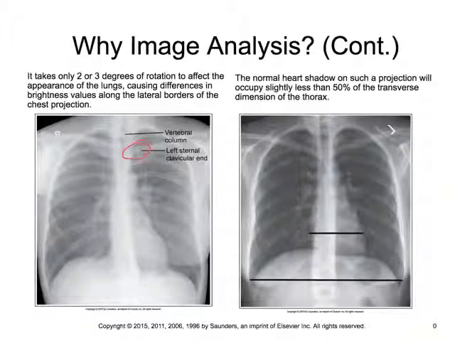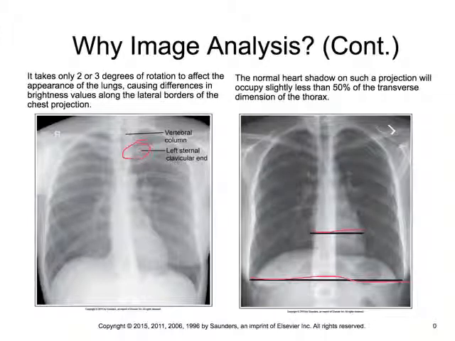We can also do these measurements of the heart shadow versus a measurement right here, right? Have we obscured pathology? Have we decreased the size of the heart or artificially increased the size of the heart because of rotation? So that sternal end is one of the very first things the radiologists are looking at to determine whether or not the patient's mildly rotated, because that is going to affect how well they can read the rest of the image.